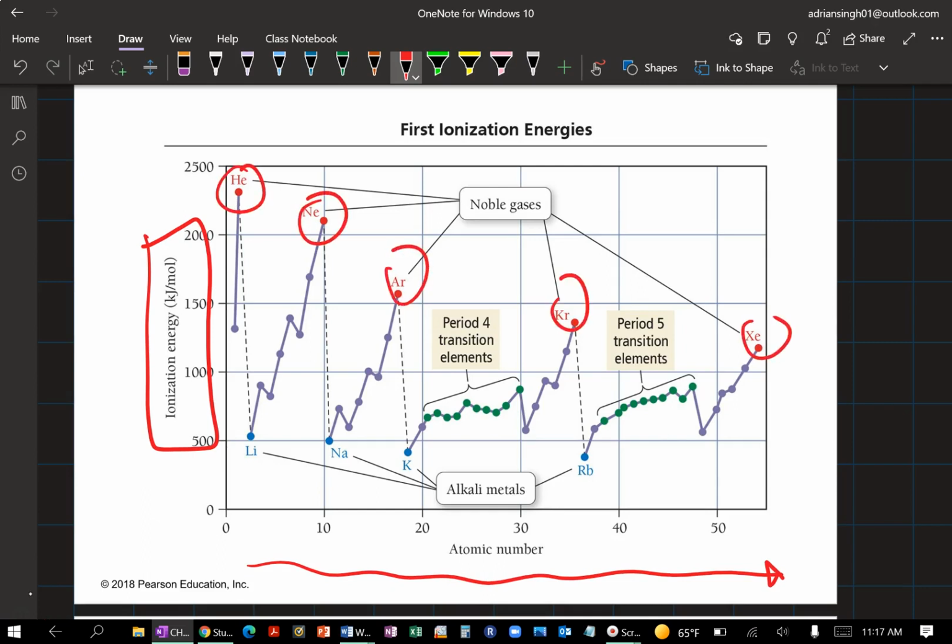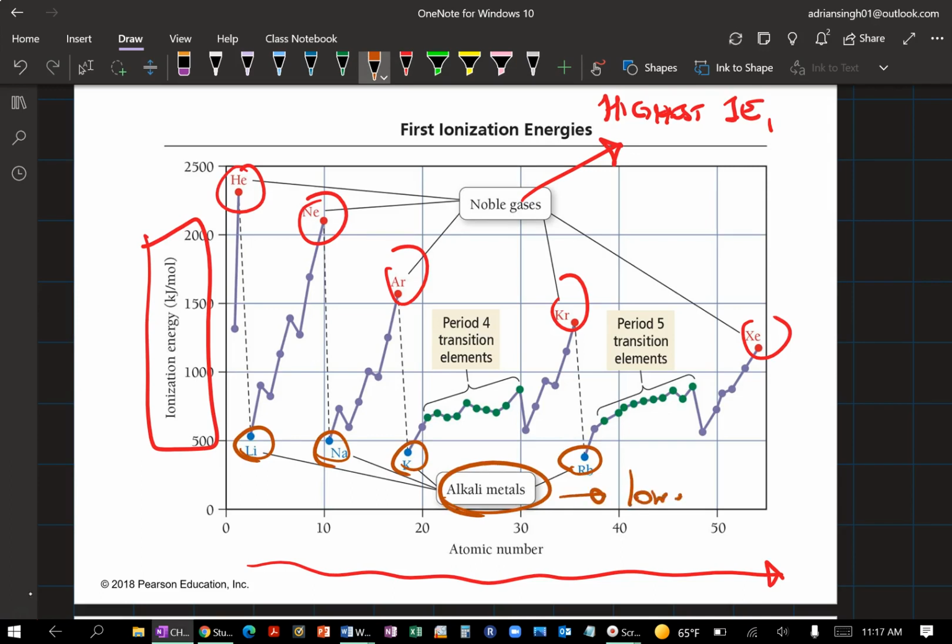Those are the group 8 elements. Those are the noble gases, right? These have the highest first ionization energies, and the elements with the lowest first ionization energies are down here. These all belong to the group 1A elements. These are the alkali metals. These have the lowest first ionization energy.